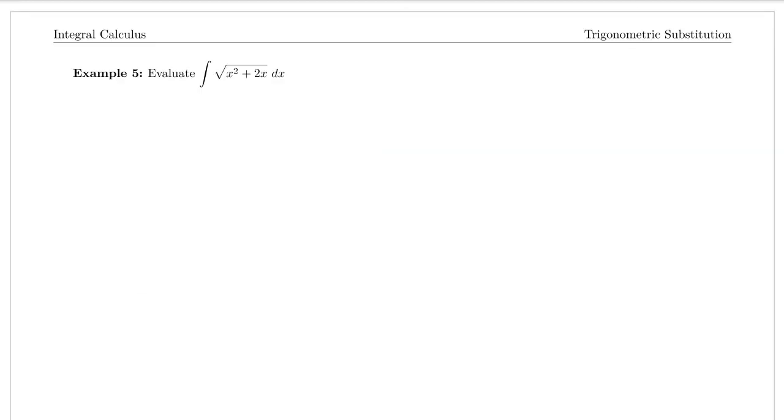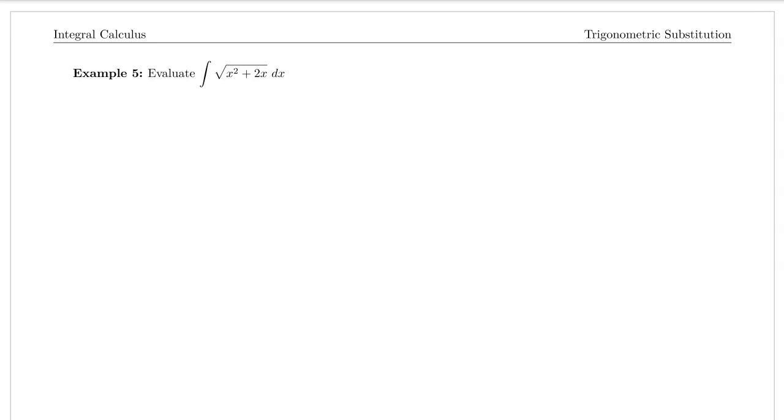Example 5 wants us to evaluate the indefinite integral of the square root of x squared plus 2x dx. Now, if you look at our table of trig substitutions, the way that this is written doesn't really appear in our table, and it has to do with the fact that we have plus 2x.